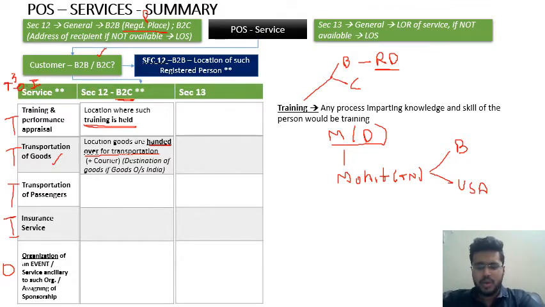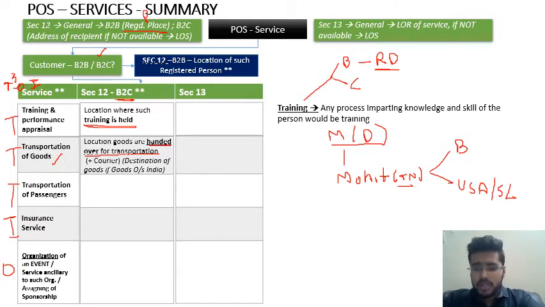In that case, he is going to arrange the logistics to send these goods outside TN. One he is sending to Bombay, one he is sending outside India. Let's say the US, or if you think the US is very far, let's keep it Sri Lanka, right? Either way, it's moving outside India, right?